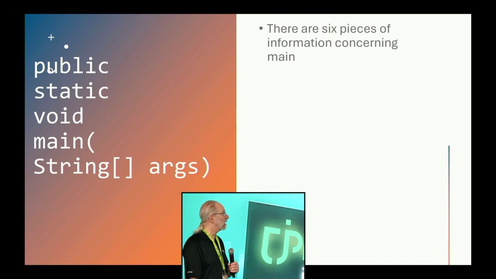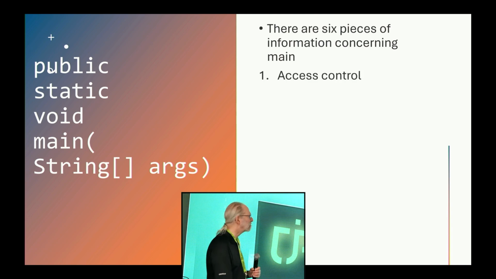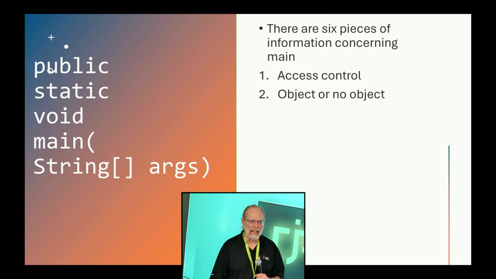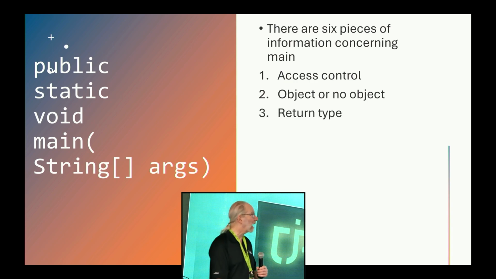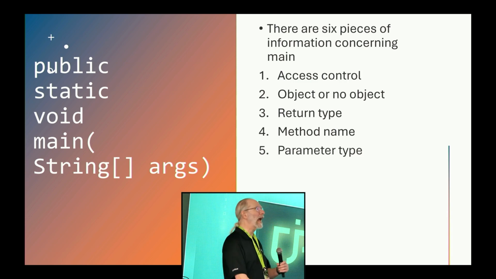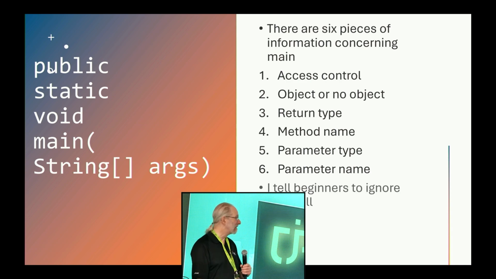Or how about in the code? Six pieces of information to print the word hello moose. Access control again. Object or no object. That's static. Return types. Method names. Parameter types, it just goes on, and parameter name.